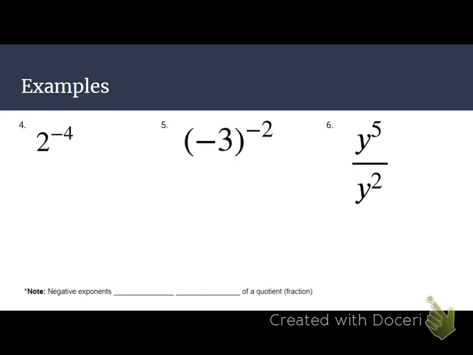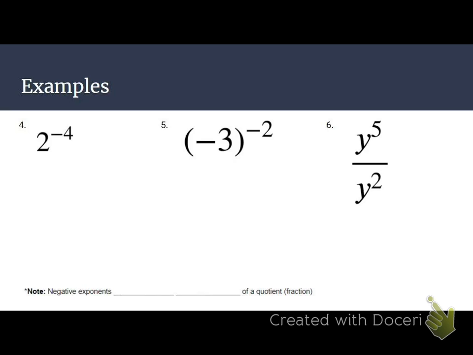All right, if we flip over, we've got a few more. So 2 to the negative 4th power. Now we've got those negative exponents. That means that we have to use the reciprocal.